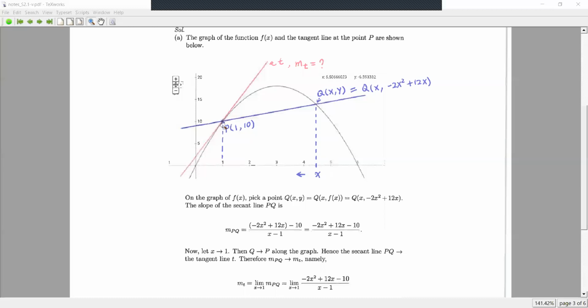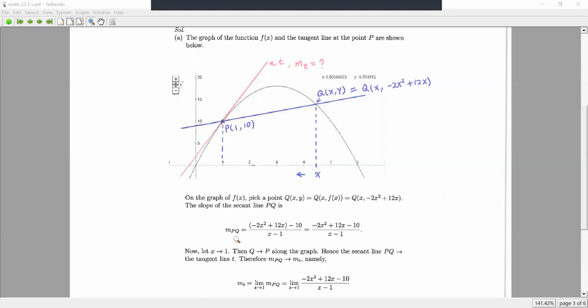Okay, now I join point P and point Q with a line. About this line, I know two points on it, point P and point Q. So I can write down the slope of this line by the slope formula.